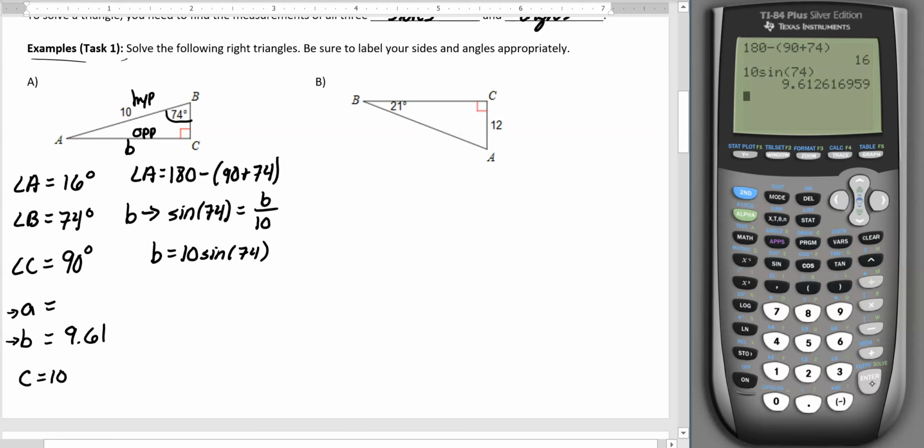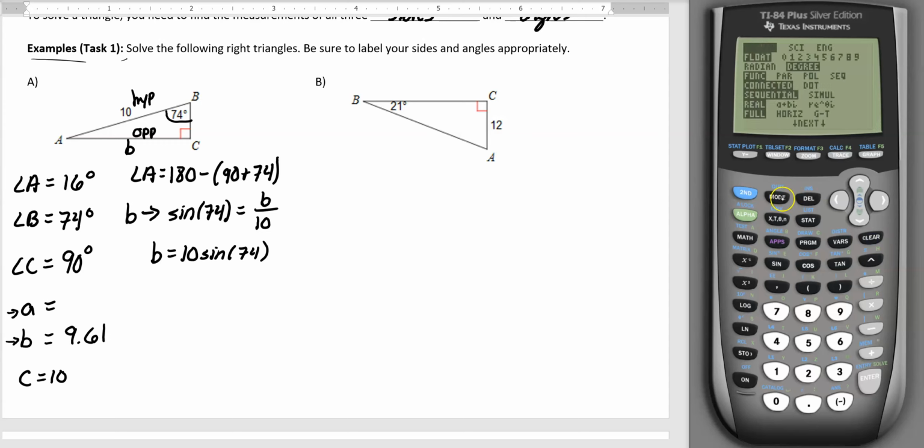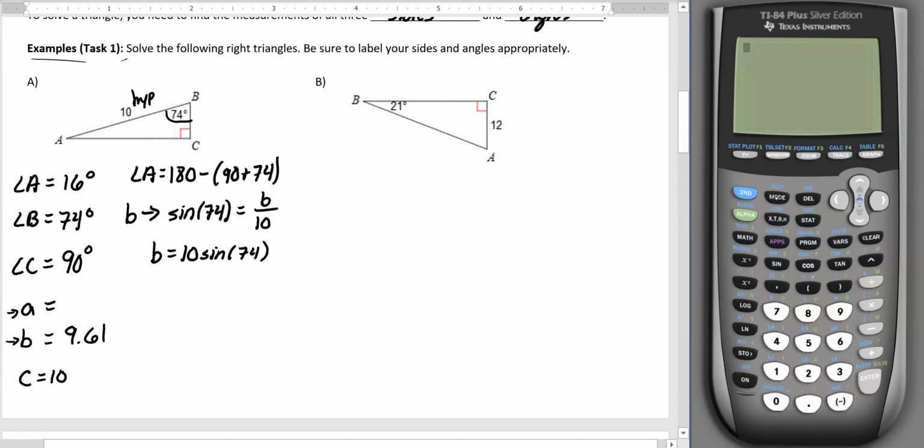If you got a different answer than that, something you might check is make sure that we are in degree mode. So if you hit mode, degree, make sure it says degree, not radian. Okay? So we now know side B. For side A, we can use that same angle 74. This time it will be cosine because it will be our adjacent and our hypotenuse.